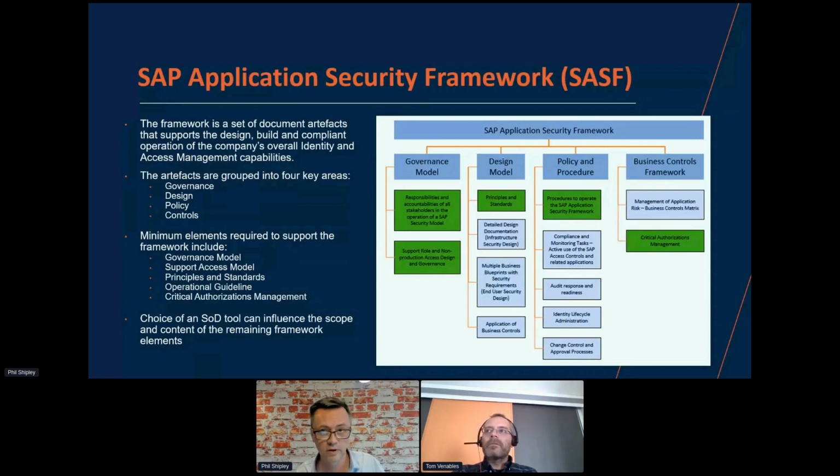Another thing that we always find is support access and consultant access into production and non-production environments is often a black hole. Documenting a support model that creates segregation between your basis, your security, your functional, your developer type consultants, and ensuring that they can only look after their part of the system.